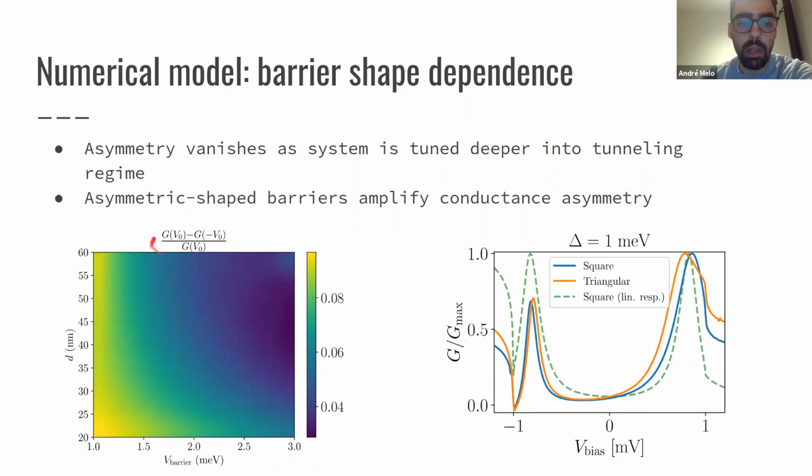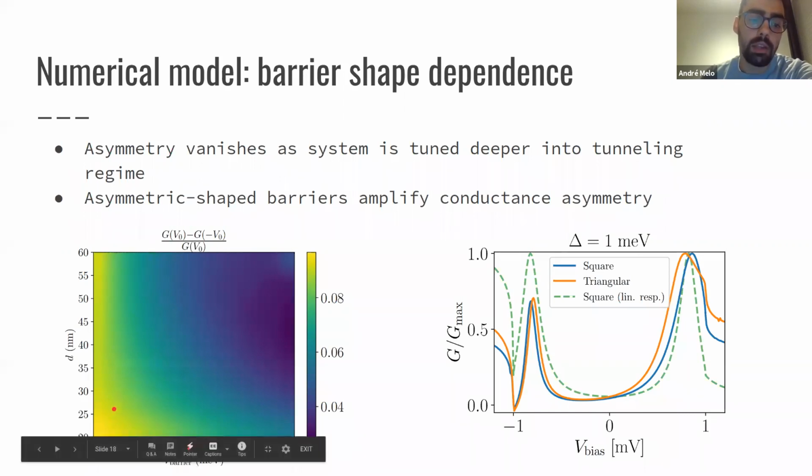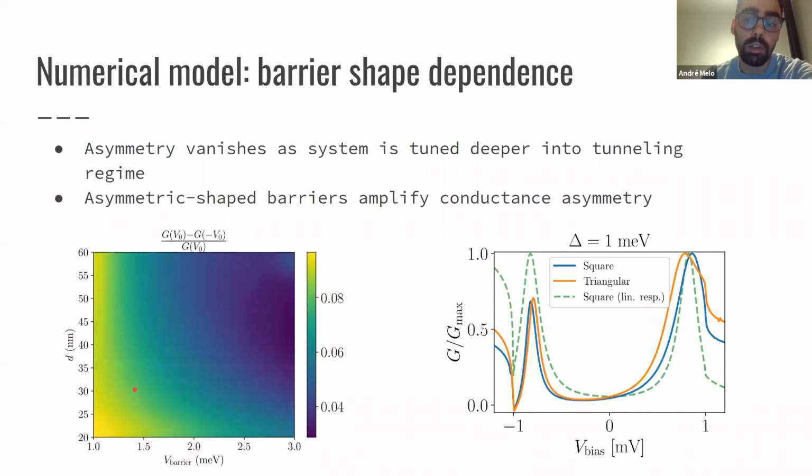And I'm showing you a normalized, okay, so basically I compute the conductance profile, I take the conductance height at resonance, and I look at the difference but normalized to the height. So relative asymmetry.